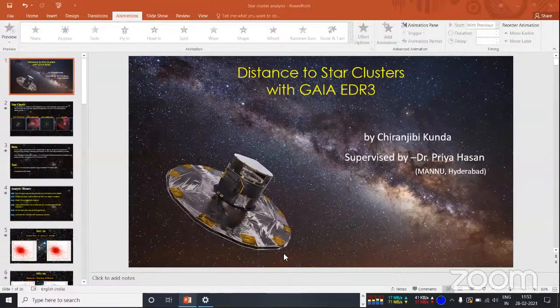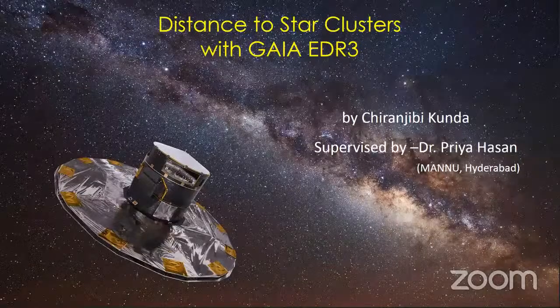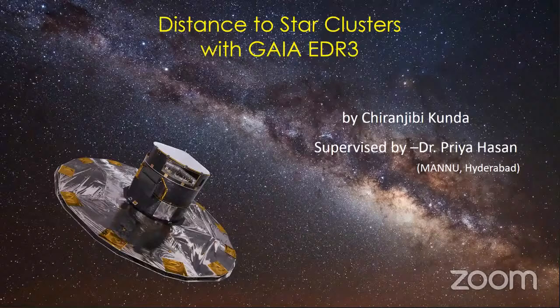Yes, ma'am. So, hello and good morning. I'm Chiranjeev Kunda. I've done this star cluster analysis with Gaia EDR3 under the supervision of ma'am. Star clusters, as we know: stars are never born alone or in isolation.